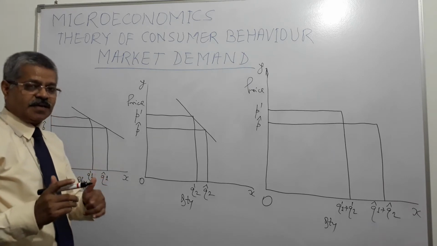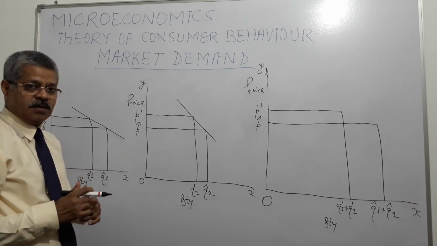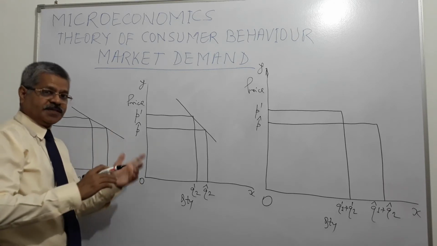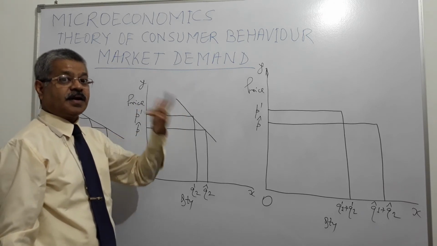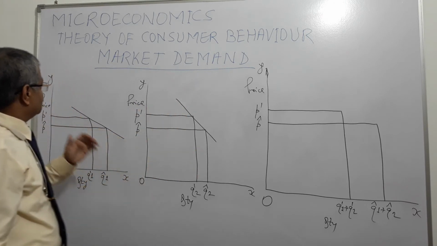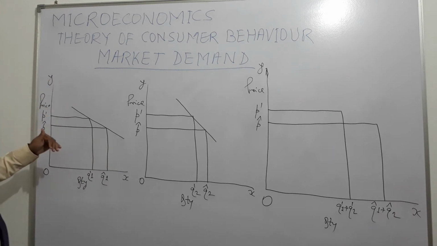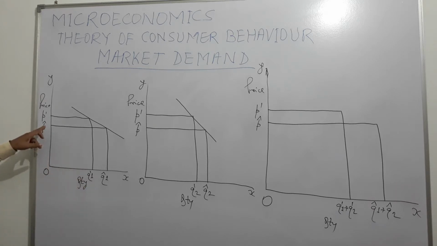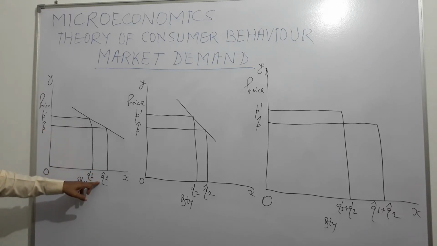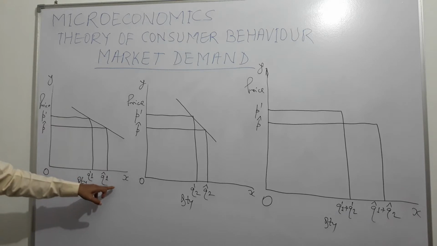Let us see once again. We presume there are two consumers in the market, hypothetically, in order to make it simple so that we can understand how market demand is derived. So this is one consumer. At the price P prime, the consumer demands Q prime 1 quantity of goods. At the slightly lower price P hat, the consumer demands slightly more quantity, Q hat 1.